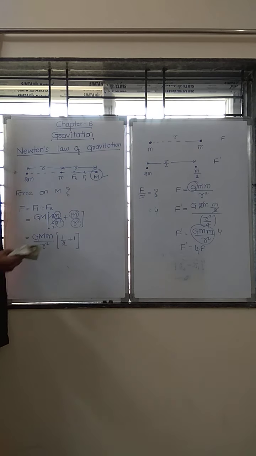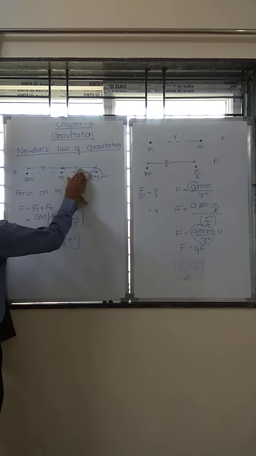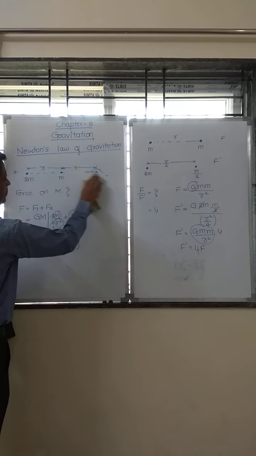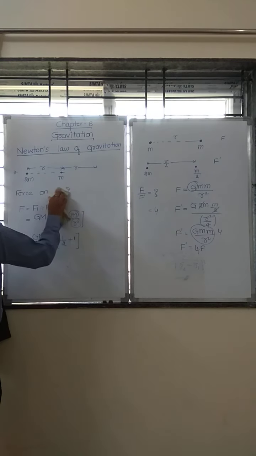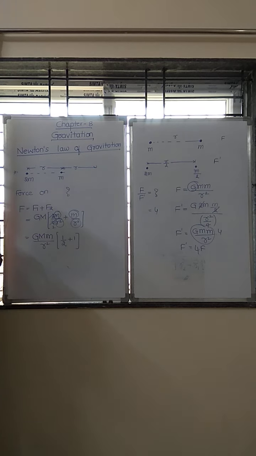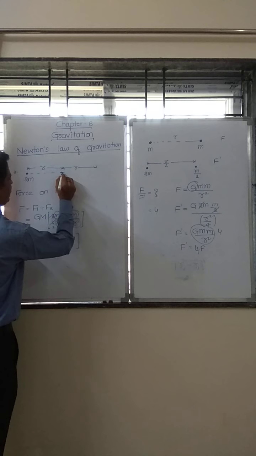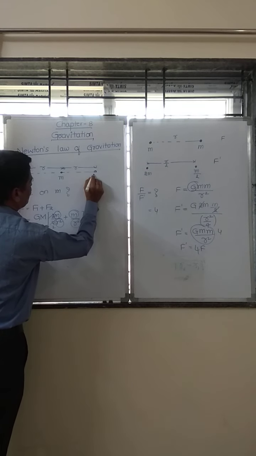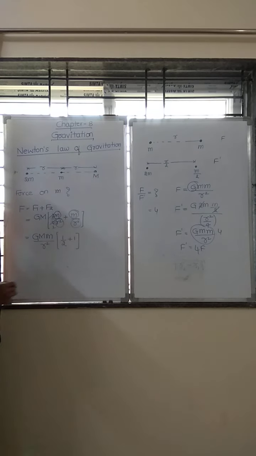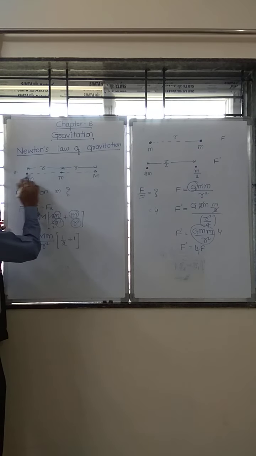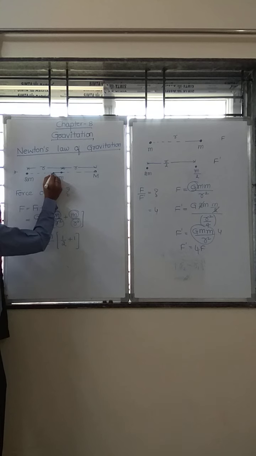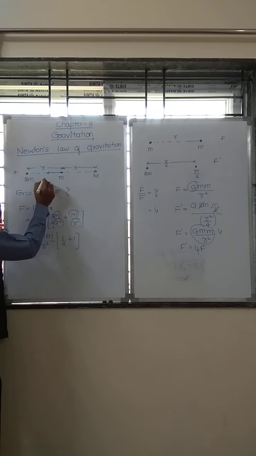Next question. See, for the same problem, if I ask you, what is the force on small m? Okay, then see, this 2m will attract this small m this side.